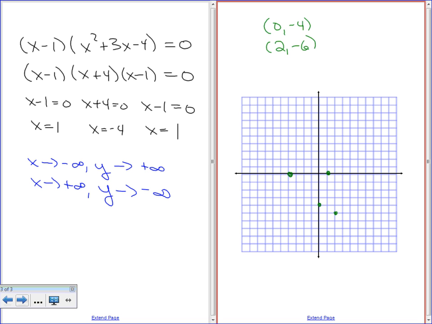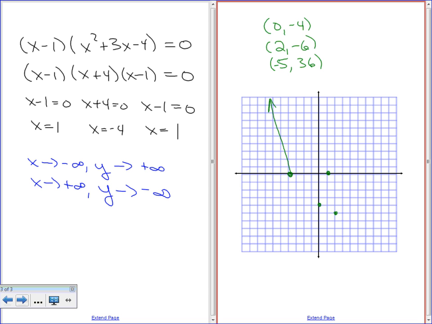And on this side, if you're still not sure what it's going to do, you can figure out another point if you wanted to. If you put negative 5 in, it actually works out to be 36. But we knew after this it would start to head upwards anyway because of the end behavior. So now you have enough in order to sketch it. As it headed towards negative infinity, the function went upwards like that.